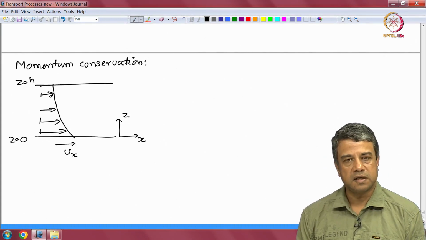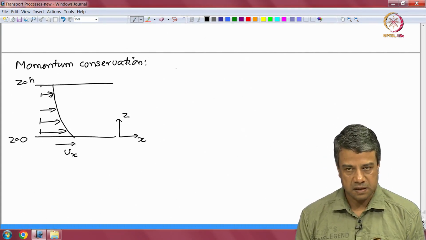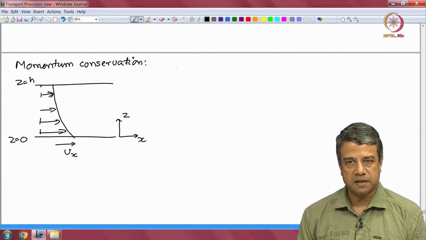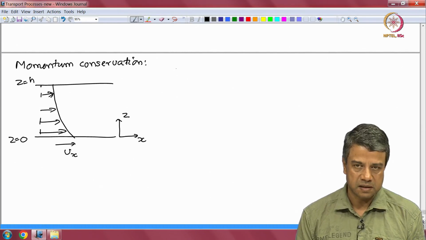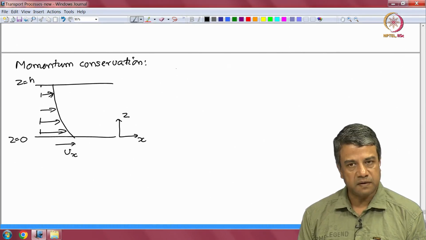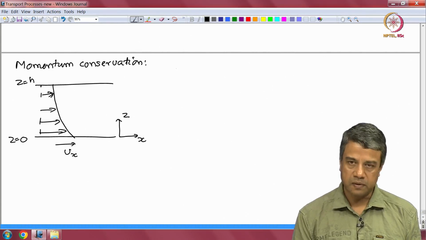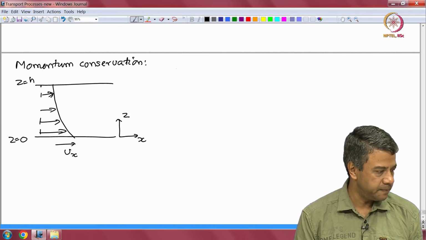There is no variation in the velocity in the x direction. It is a unidirectional transport, which means that the velocity variation is only in the z direction. The velocity itself is in the x direction. The x velocity varies only in the z direction.